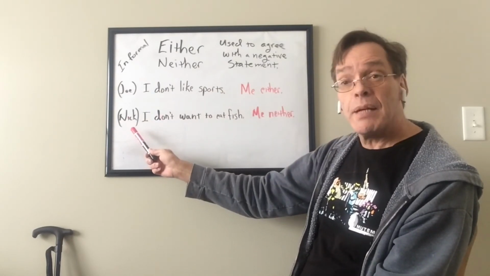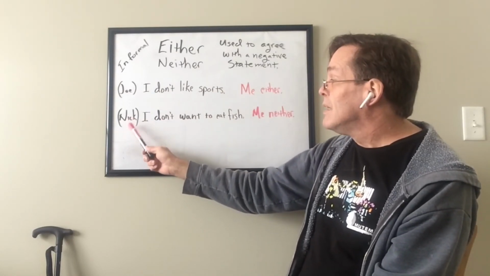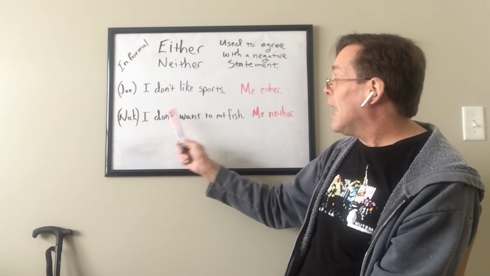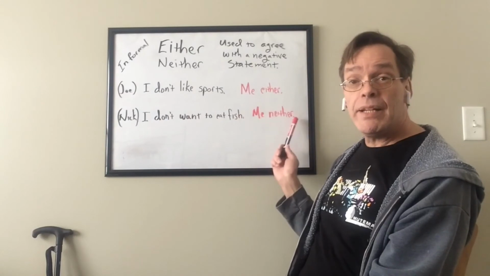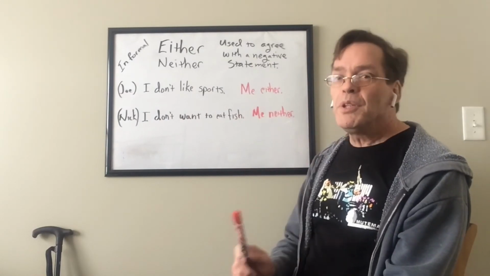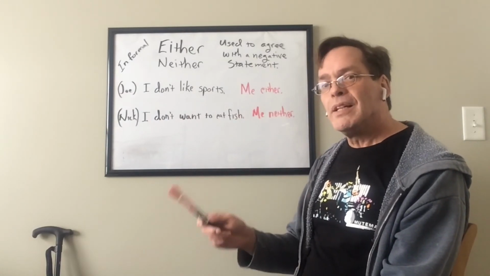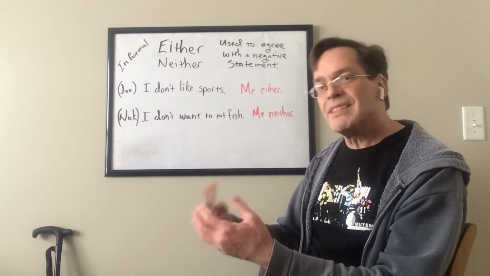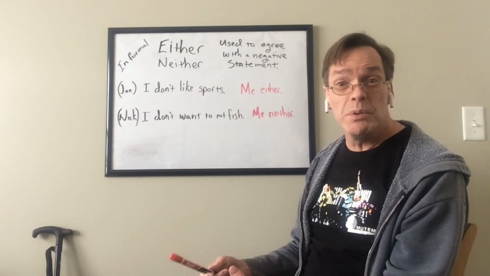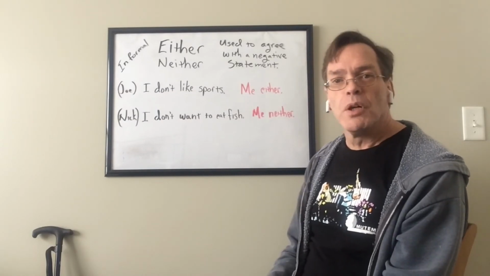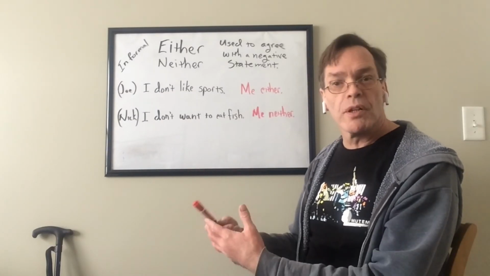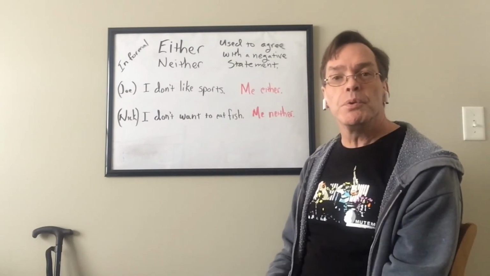In the second example, using neither, Nick says, I don't want to eat fish. And I'd say, me neither. You can use either or neither in this case interchangeably. It doesn't really matter which one you use. There's no rule for it. So whichever word you prefer, go ahead and use it that way.